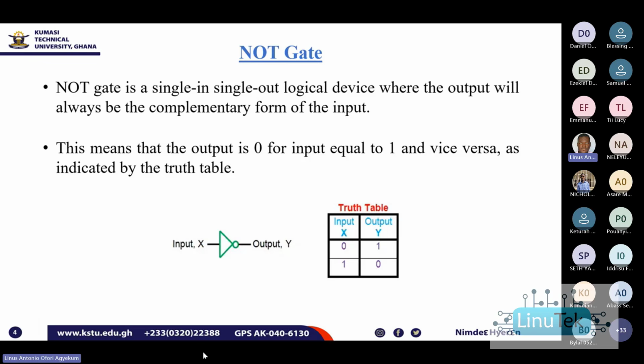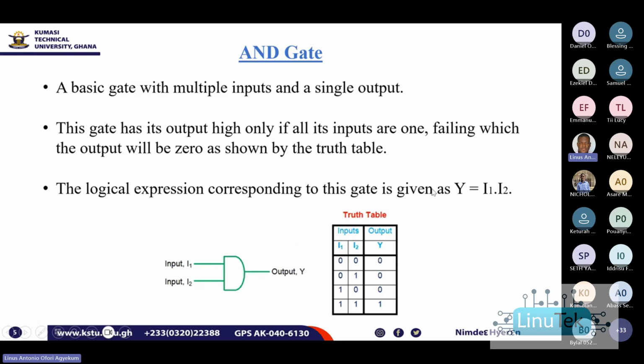Okay. Now let's also look at another one, which is called the AND gate. The AND gate is basically a 2-input, single-output logic device. The AND gate performs an operation which is identical to multiplication.